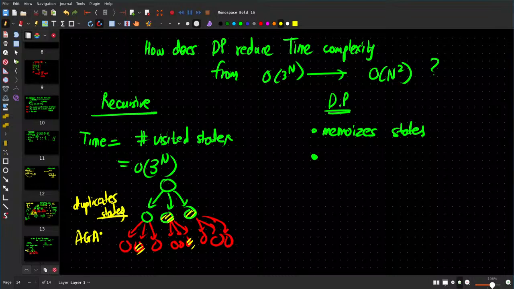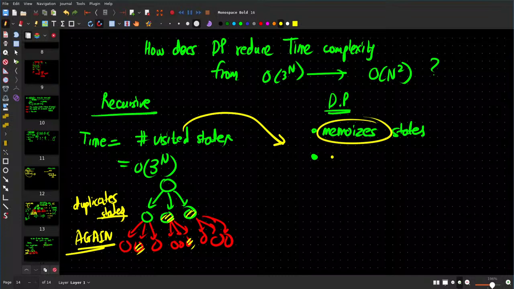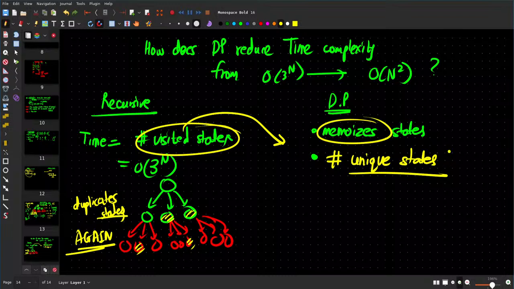Again, some of the states are visited again, and the only thing that DP does is it memorizes a particular state. So that means the number of visited states would be the same as the number of unique states. Now visited states and unique states are very different.